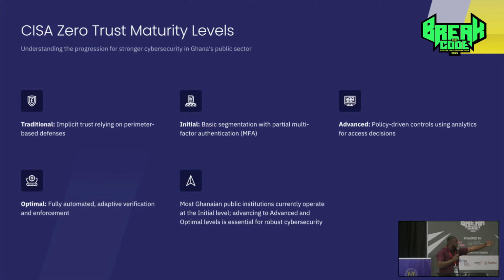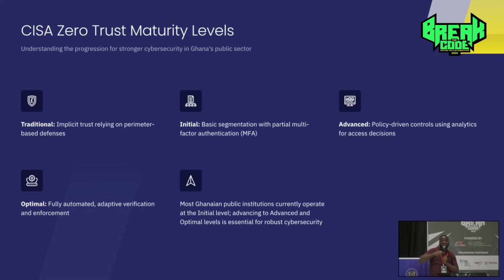Even though people are at the optimal level, where they are automating security, we are still at MFA. Do you get it? We've not even got into advanced. The private sector is at the advanced level, but the public sector, I'm not sure.